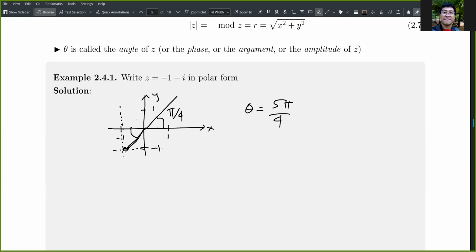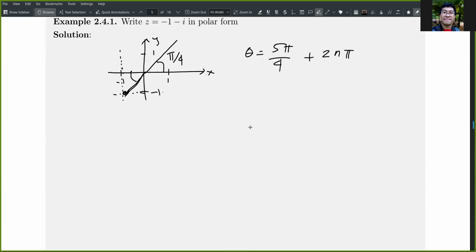So technically, theta could be 5 pi over 4 plus an integer multiple of 2 pi, so 2 n pi. But it would be enough to use n equals 0, or theta equals 5 pi over 4.